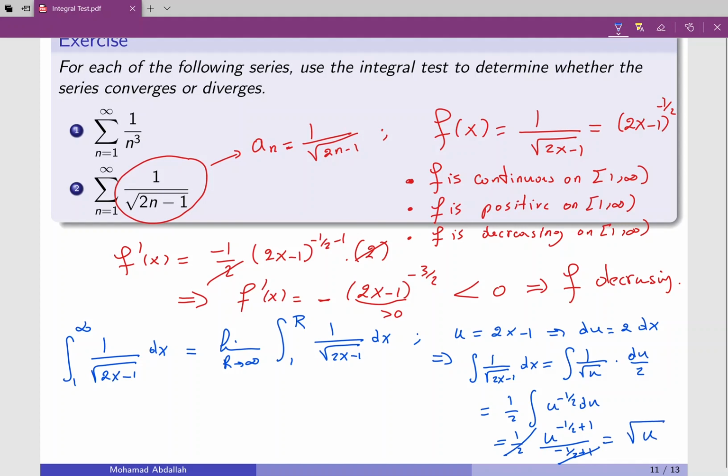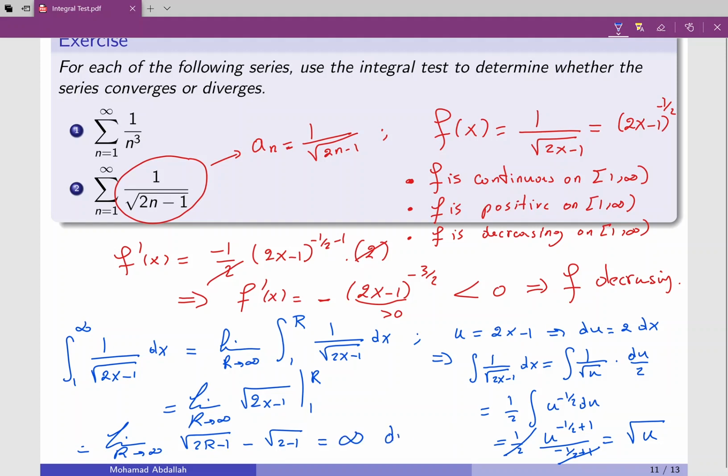Okay, so that means that the answer is the limit when r goes to infinity of radical 2x minus 1 between 1 and r. So that's the limit when r goes to infinity of radical 2r minus 1 minus radical 2 minus 1. So this is going to go to infinity, this is 1, so the answer is infinity.